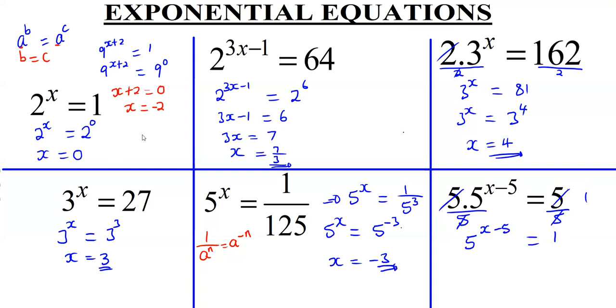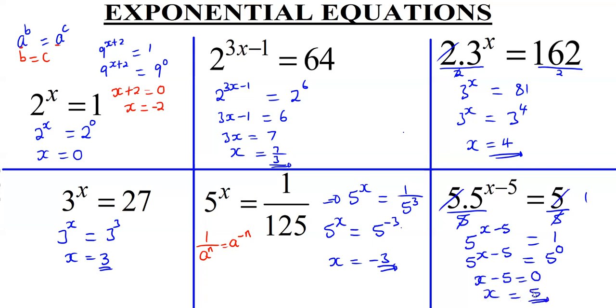And what have we learned here? We know that 1 is the base to the power of 0. So it's 5 to the power x minus 5 equal to 5 to the power of 0. Then now we can equate that, because we know that any number to the power of 0 is equal to 1. So x minus 5 is equal to 0, then x is equal to 5.